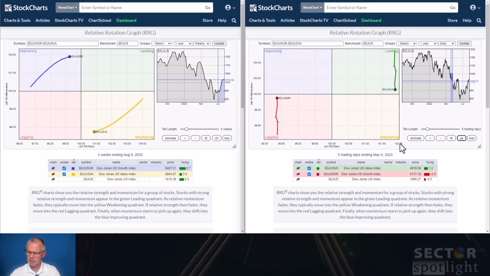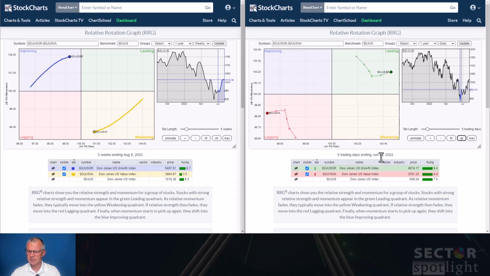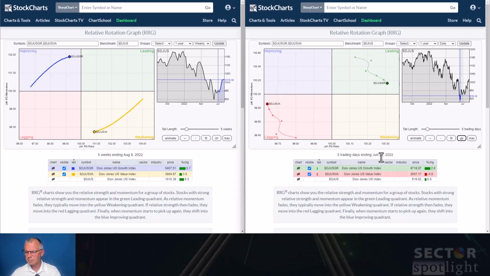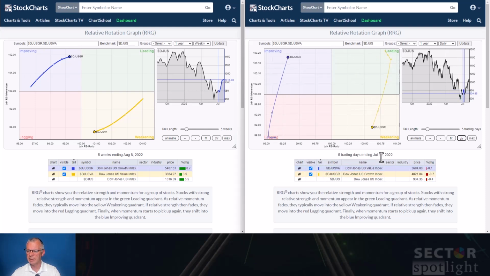So we're now here in May, and now we're going for the last moment. So June, mid-June, growth crossed over into leading, value crossed over into lagging, and since then growth remained on the right-hand side, value remained on the left-hand side.